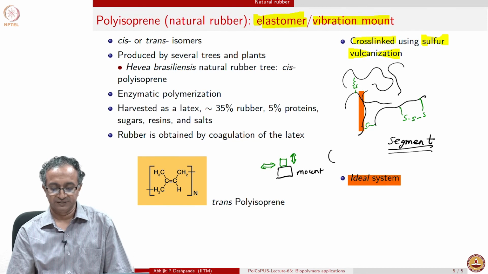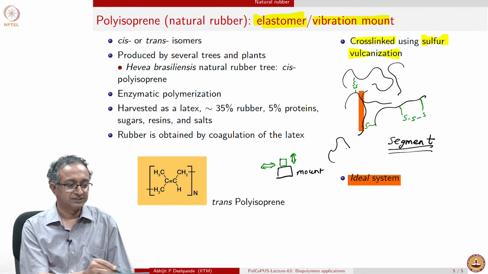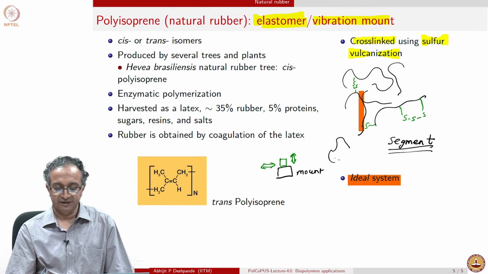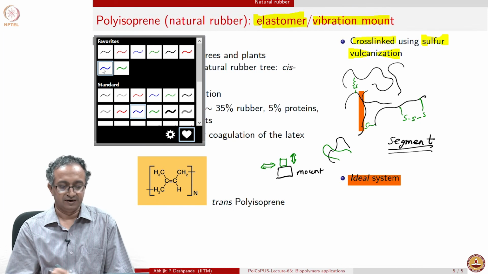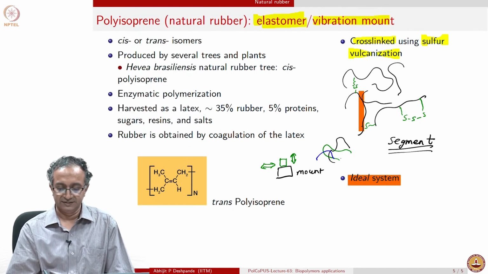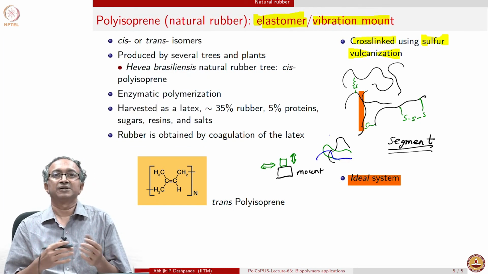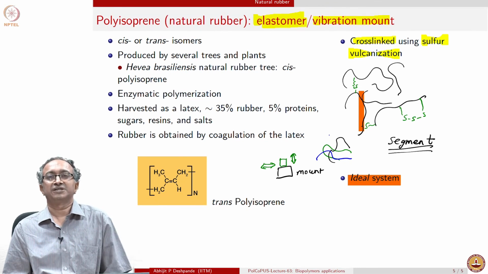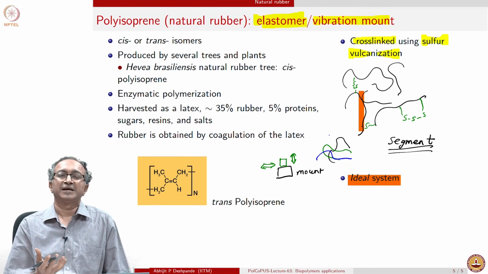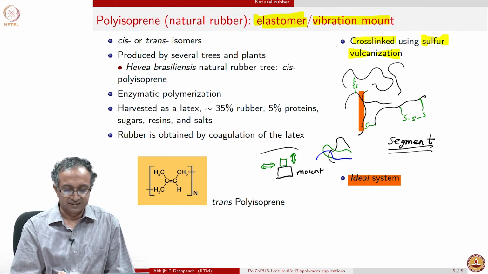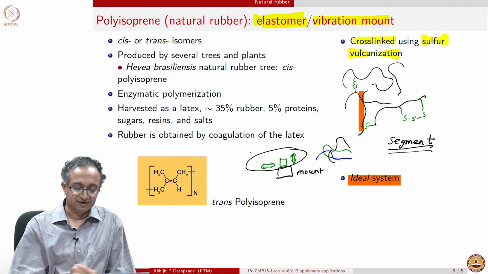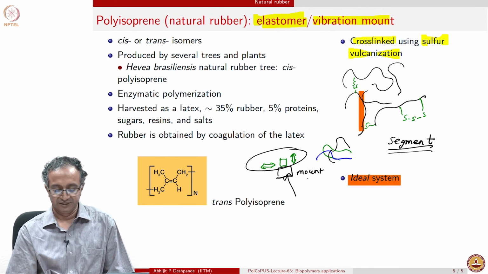A segment which was in one instant like this may change its conformation and become like this, and again may change its conformation and become something like this. So the segment keeps on changing its conformation. In this process, it absorbs the mechanical energy and dissipates it in the form of heat. Whatever energy is being transmitted by the vibrating part is absorbed in this vibration mount.